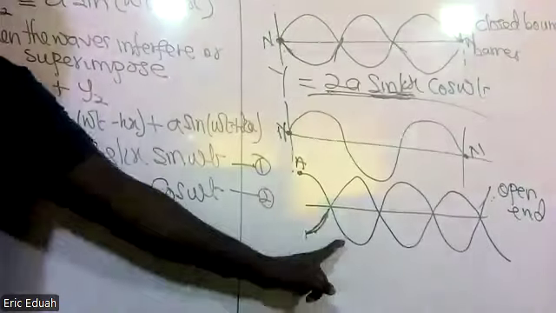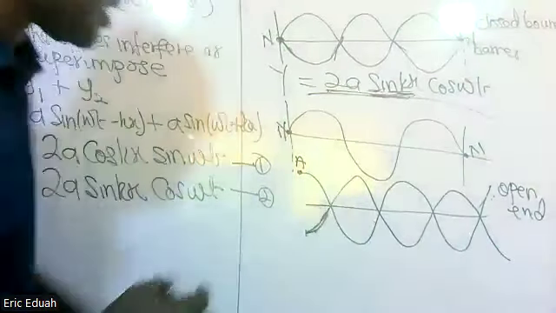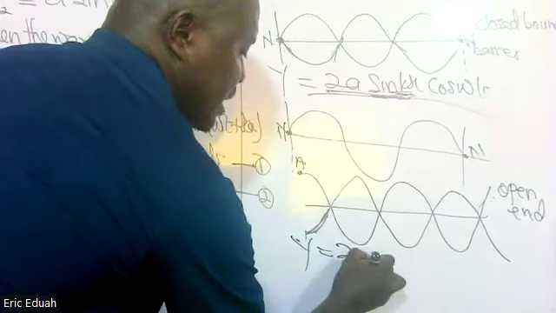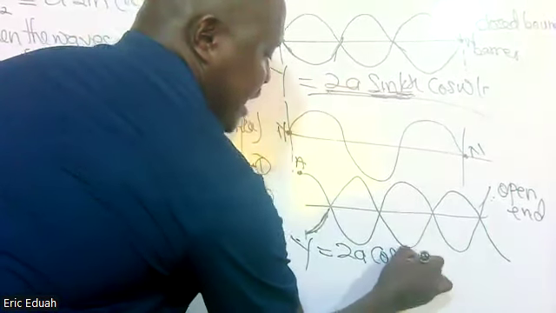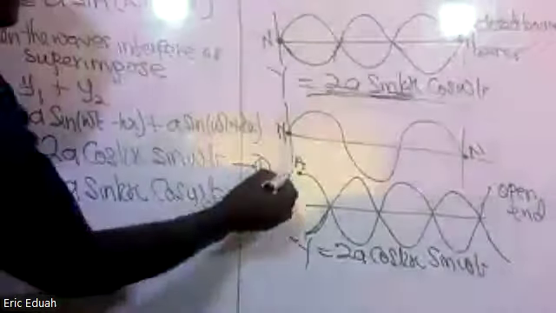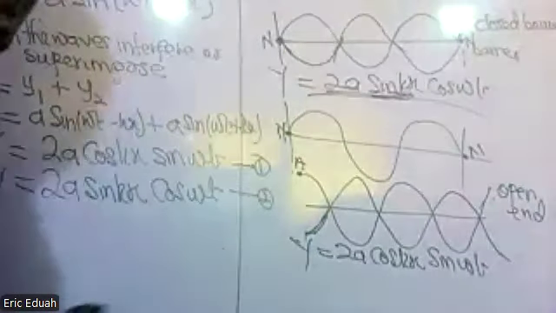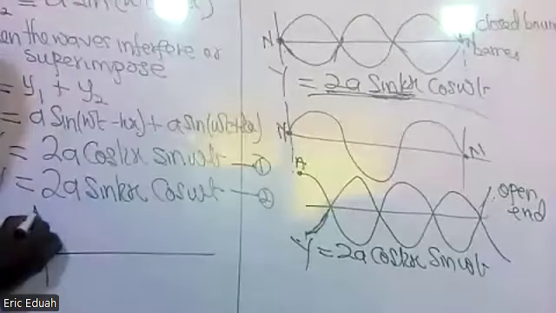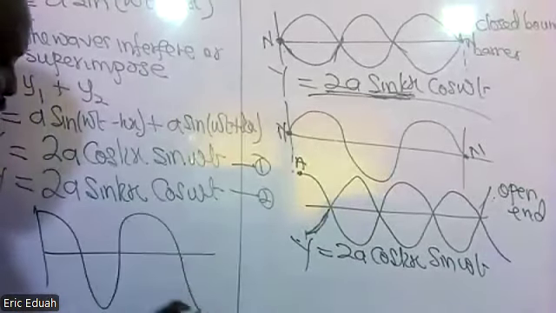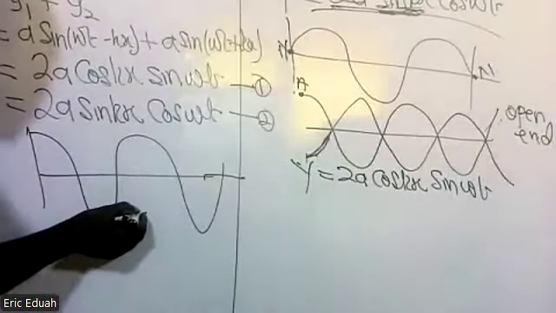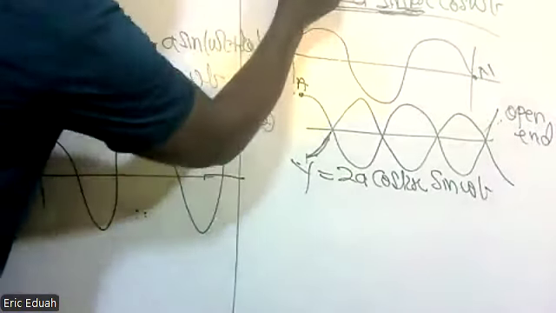If you have a stationary wave formed like this, the equation becomes y is equal to 2a cos kx sine omega t. Because if you have a wave like this, starting from an amplitude like this, this is a cosine graph, whereas this is a sine graph.